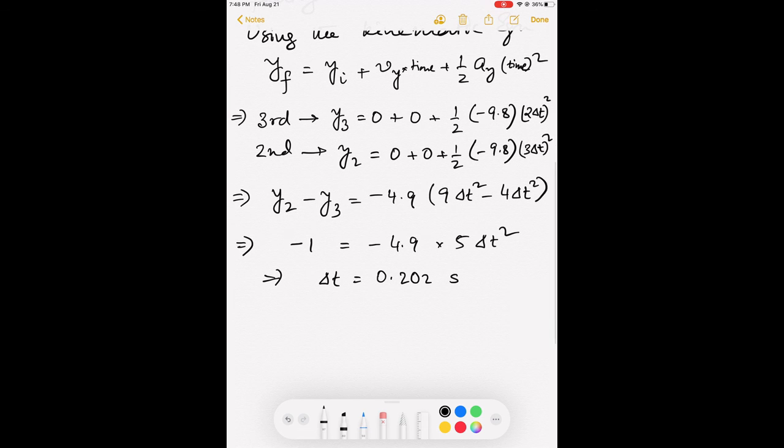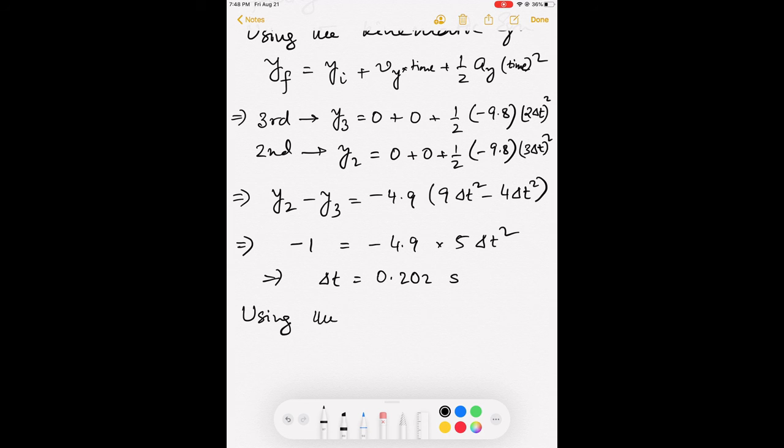So once we know delta t, then we know for how long the first drop has been falling, right?